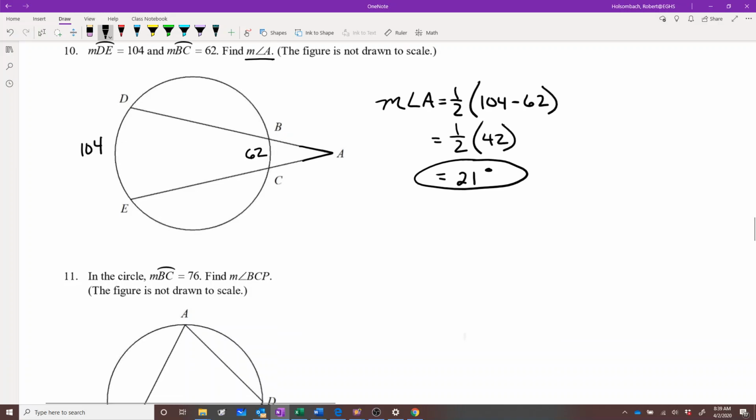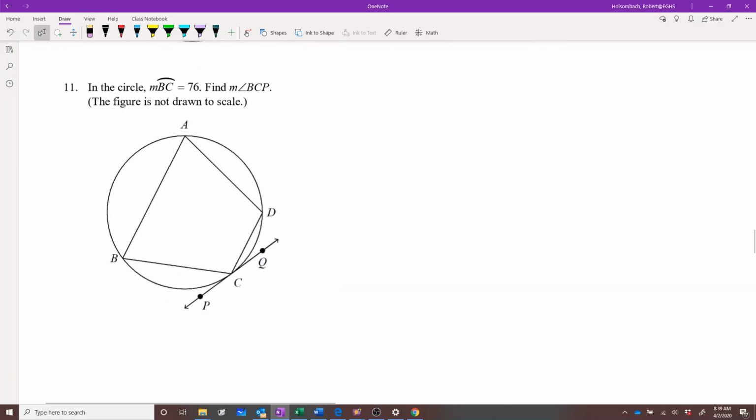Number 11. In the circle, arc BC is 76 degrees. Okay, arc BC. B to C. 76 degrees. Find the measure of BCP.